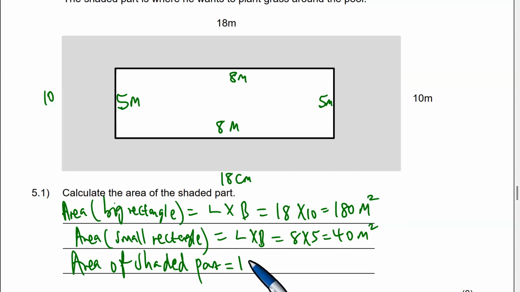So you're going to take 180 square meters, you can just put that right here, minus 40 square meters. What is 180 minus 40? 140. So the area of the shaded part is, you take the outer one and then you minus the smaller one inside, and then you get the area of the shaded part.